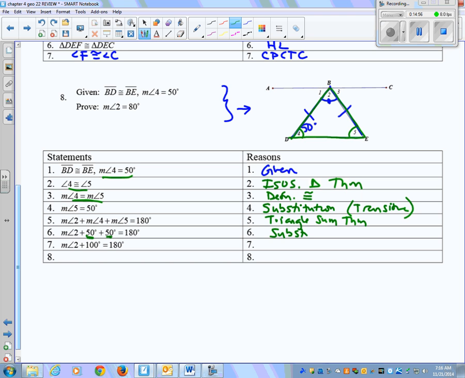That's substitution. And then we combine like terms or simplify. And then we can say the measure of angle 2 equals 80, which was what we were trying to prove, by subtraction. Subtracting 100 from both sides.